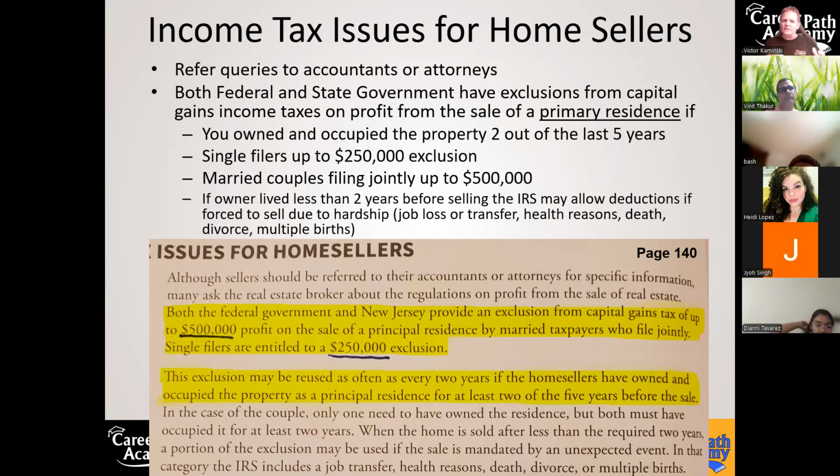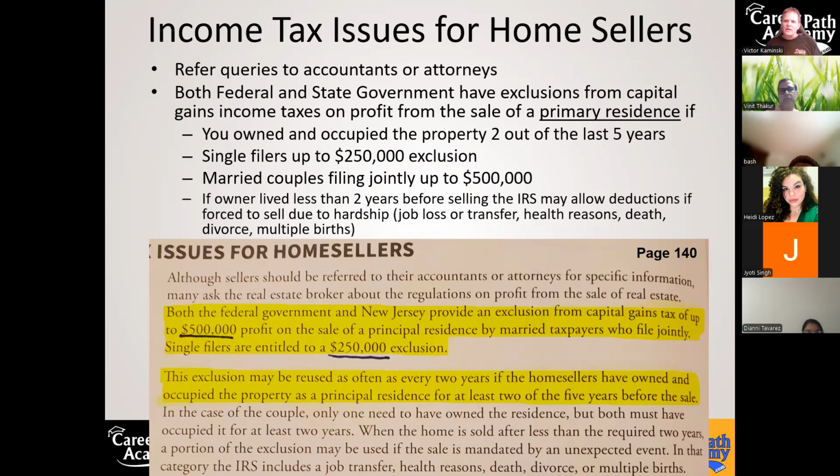And married couples who file their taxes jointly together, not separately, can qualify for up to a $500,000 capital gains tax exclusion on both state and federal income tax.